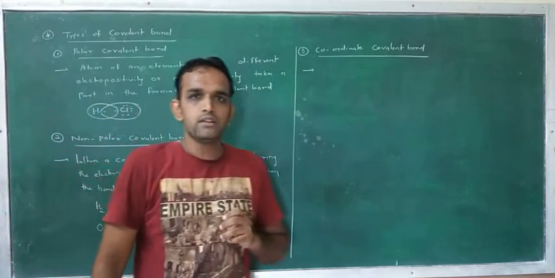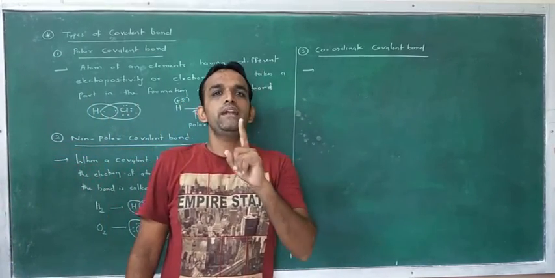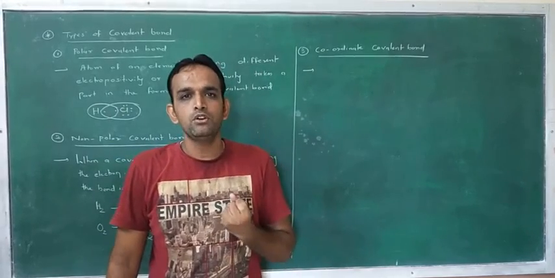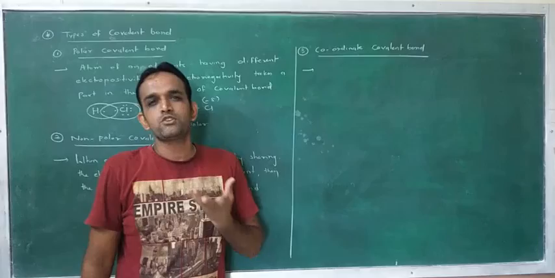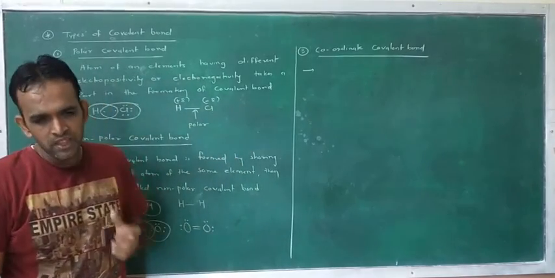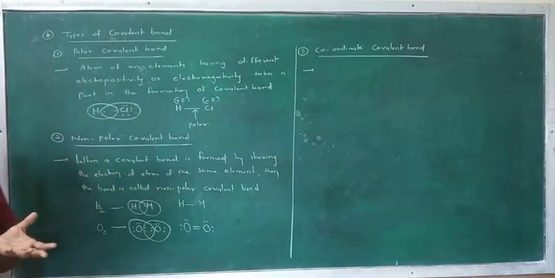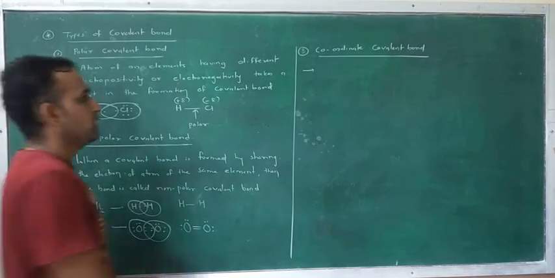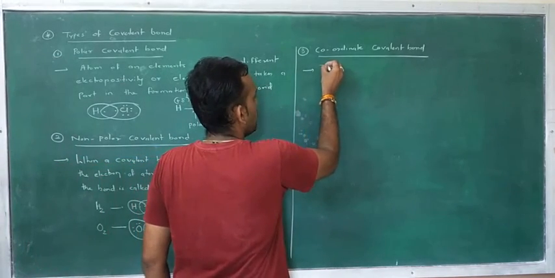See here, only one atom shares the two electrons and forms a bond. So that bond is said to be the coordinate covalent bond. Let us suppose here the electron pair is donated by the atom of only one, right, from two elements. Okay, the bond is formed.